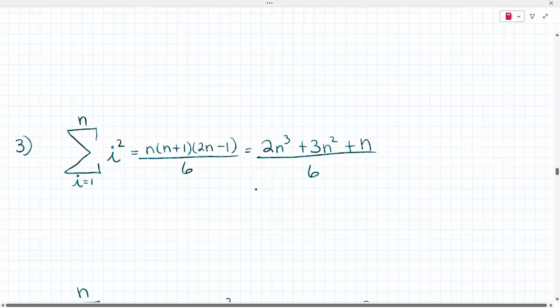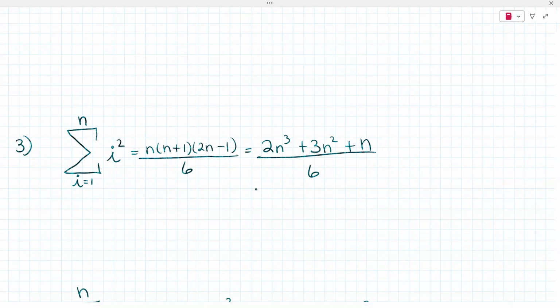If you have an i squared anywhere in your summation, it can be expressed as n times n plus 1 times 2n plus 1 all over 6. Or it could be simplified as 2n cubed plus 3n squared plus n all over 6. Okay, so if you have an i squared like here, it would be expressed as this.